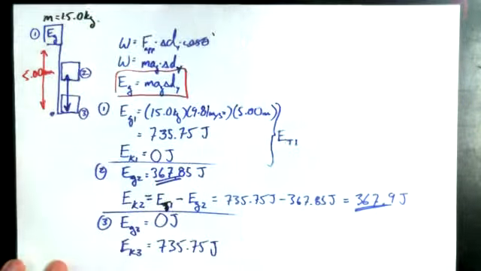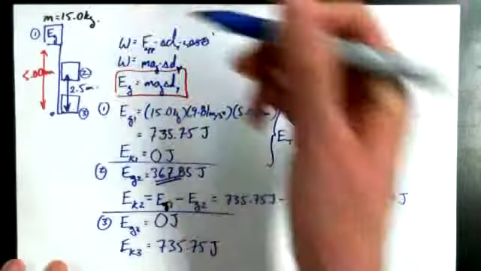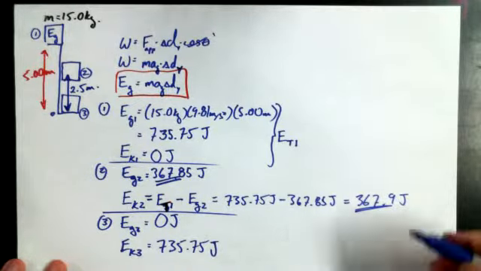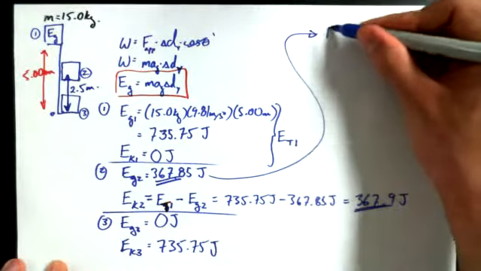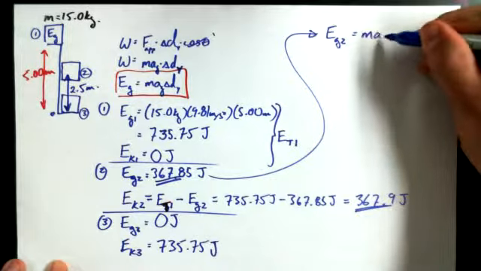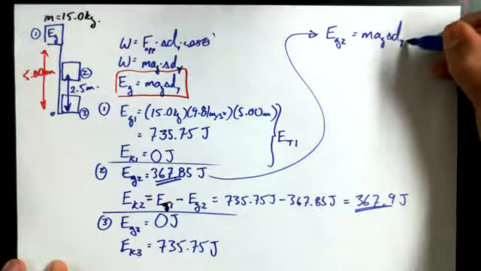So at exactly halfway down, what's my height going to be? 2.5 meters. Yep. And we could go back and confirm that. You want to know how we confirm that we actually are at 2.5 meters? We could take a look at our Eg2. Eg2 is equal to mass times acceleration due to gravity times delta dy at position 2.